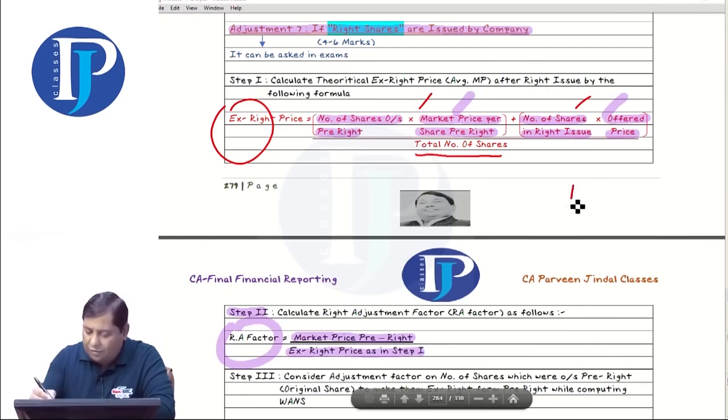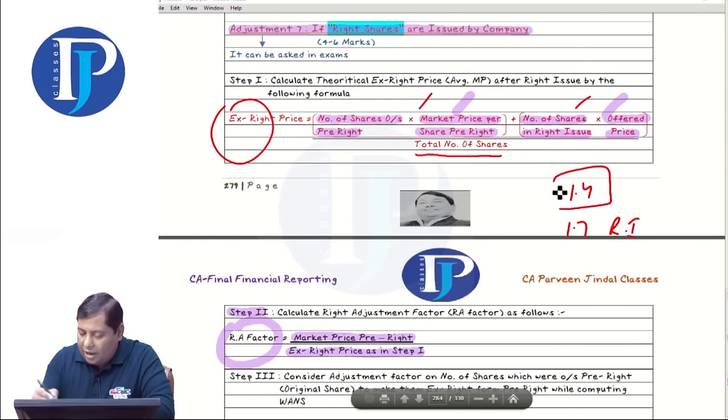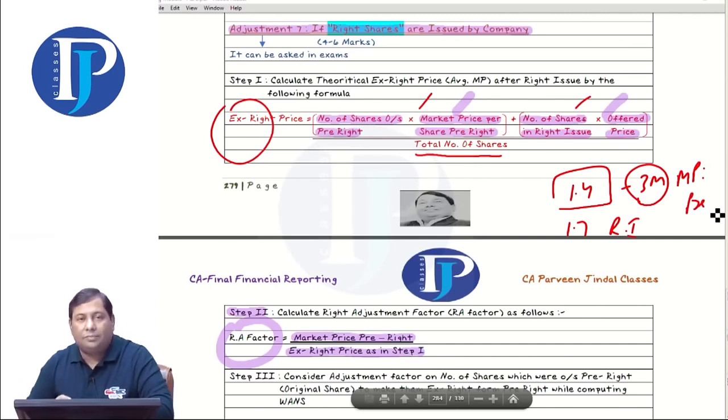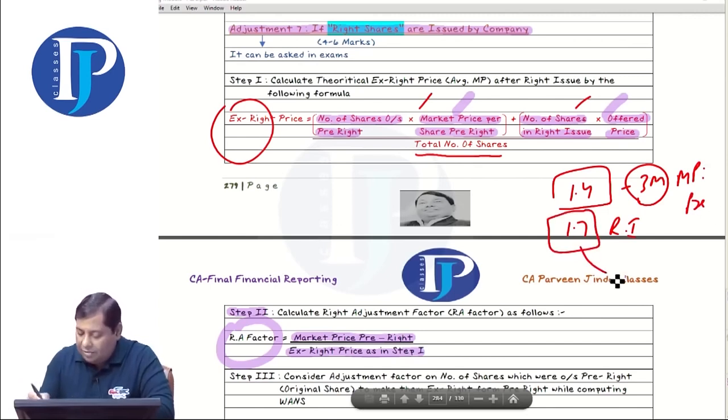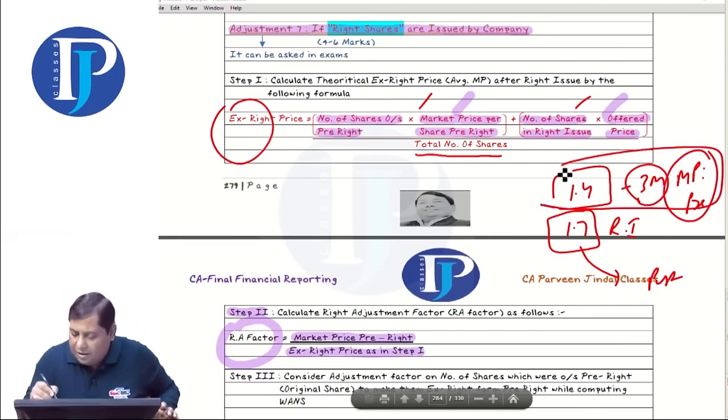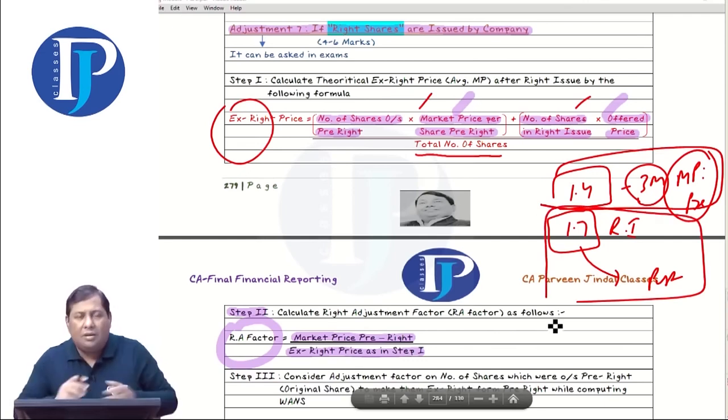Suppose the year begins on 1st April and the rights issue was on 1st July. So April, May and June, these 3 months, our market price was the cum-right one, and from the 7th month it became the ex-right one. This is the cum-right price, this is our ex-right price.